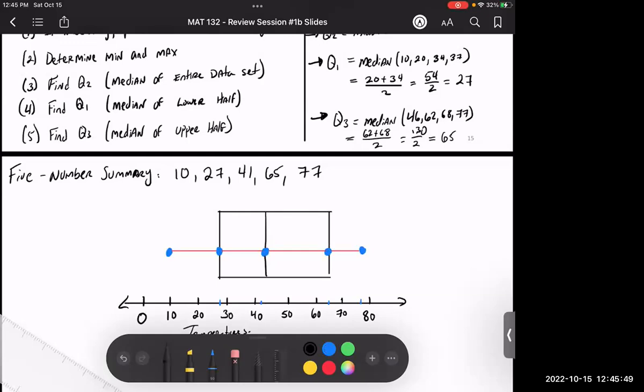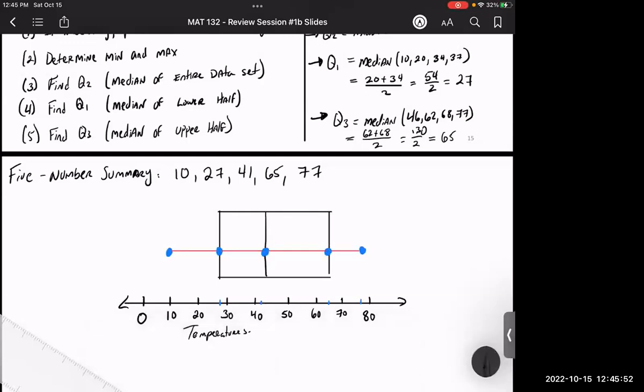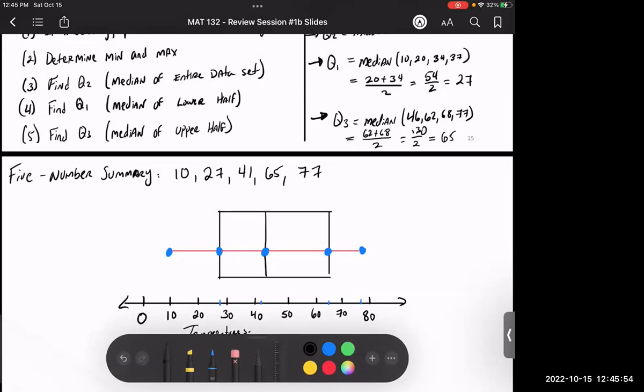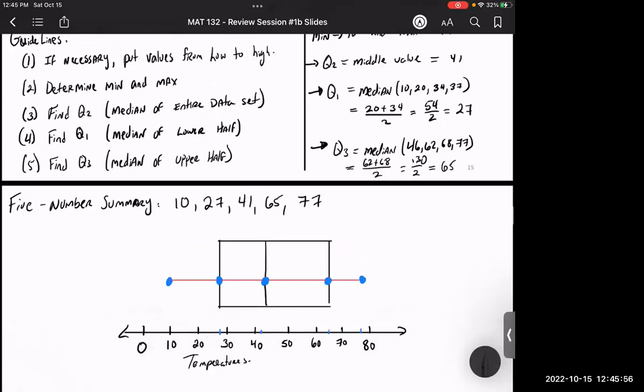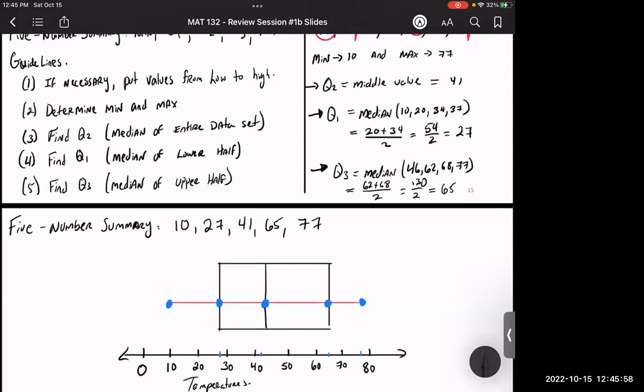Any questions? How did I put the line in the middle? Oh, that's just one of the rules. This states that you start with the minimum, and the line runs from the minimum all the way to the maximum. So I start with the min, which was 10, and the line has to end at the max. Oh, that's a vertical line that goes through the Q2.